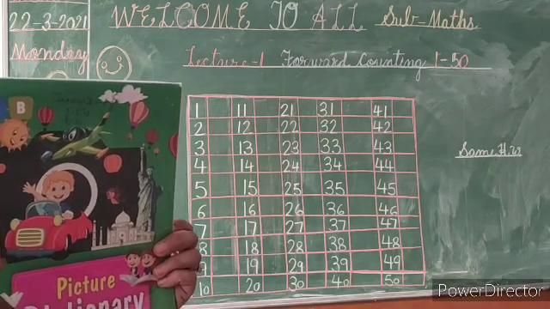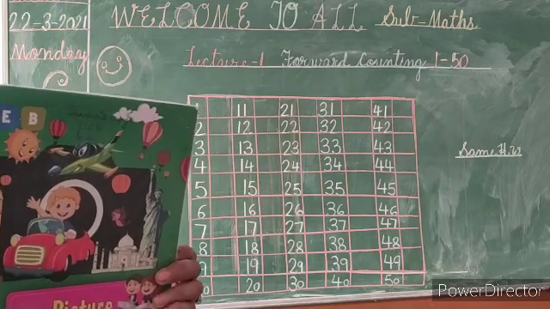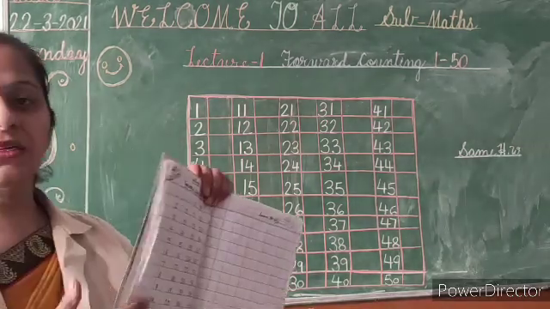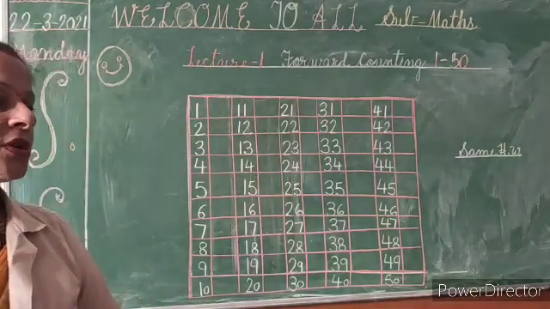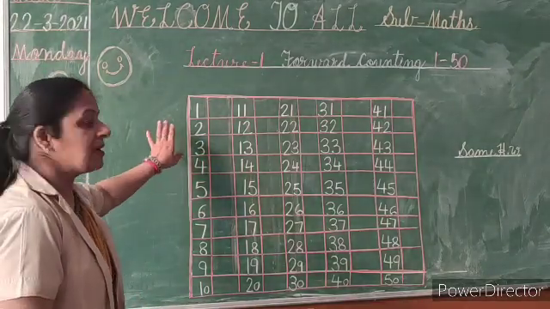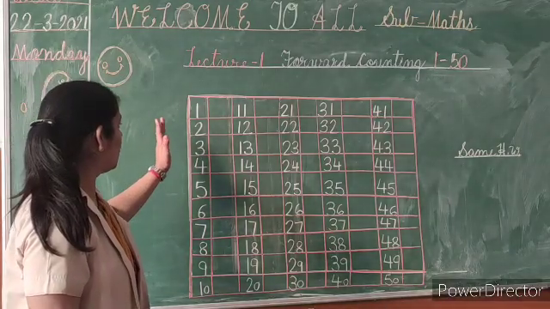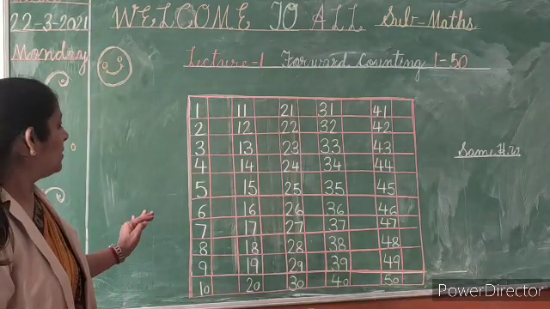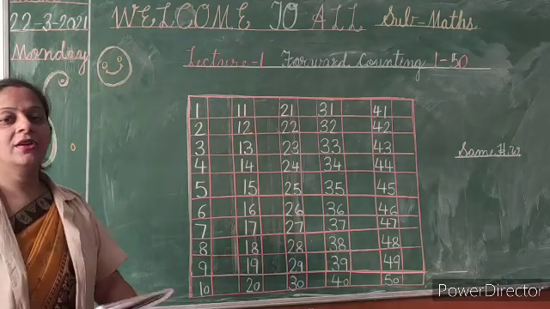Because in GK books there are question answers, so each and everyone has to make the copy and make all subject notebooks also: Hindi, English and Maths. Understood all of you? And complete all the work which I will teach you in the class. You have to complete it in the book also and notebook also. Understood all of you?